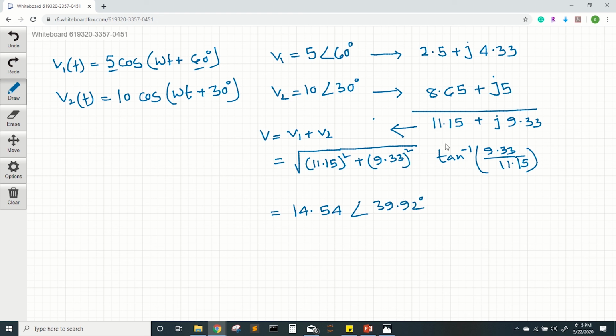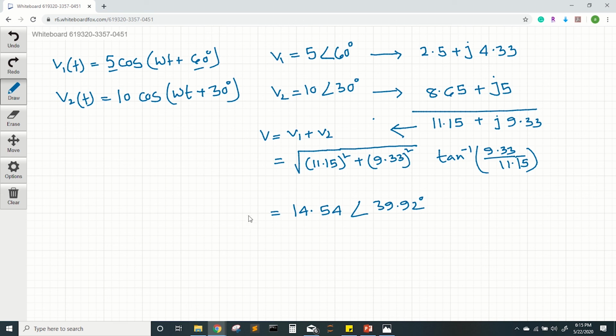You can do this calculation by yourself, just the Pythagorean equation, and this is the sine portion and this is the cos portion, so sine by cos, you will get theta from here.